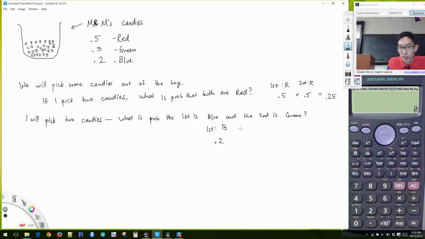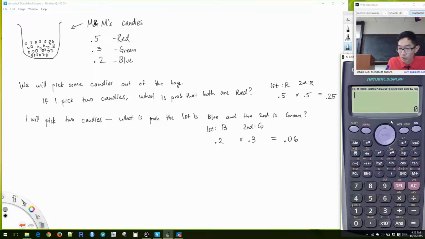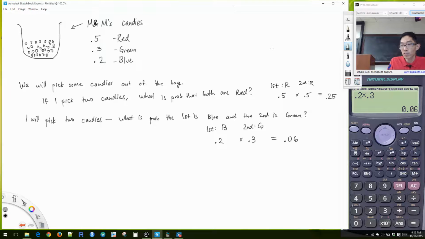What's the probability that the second one is green? 0.3, right? And so I do 0.2 times 0.3, and what do I get? 0.06, right? It's very important that when you do 0.2 times 0.3, you get 0.06, because 60% is way bigger than 6%. Okay?